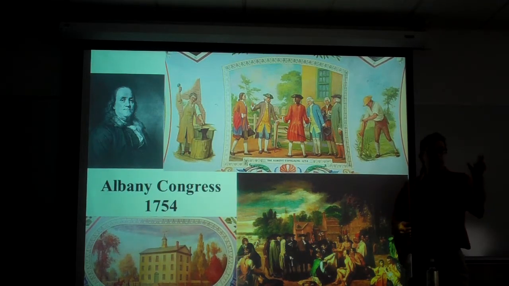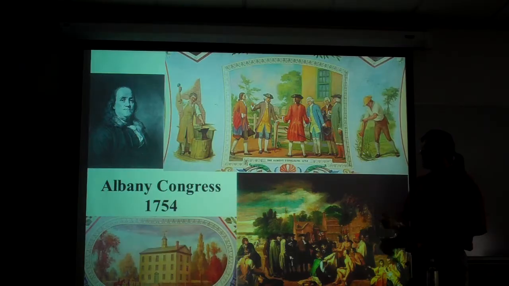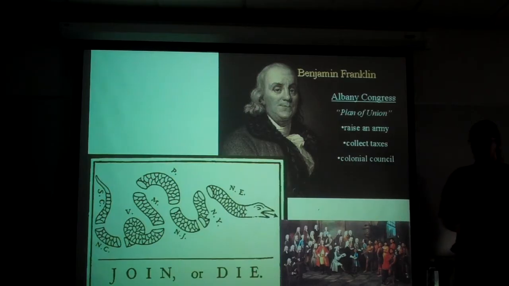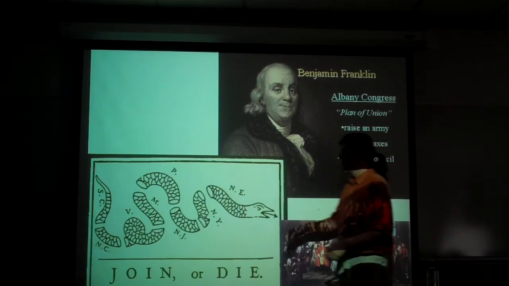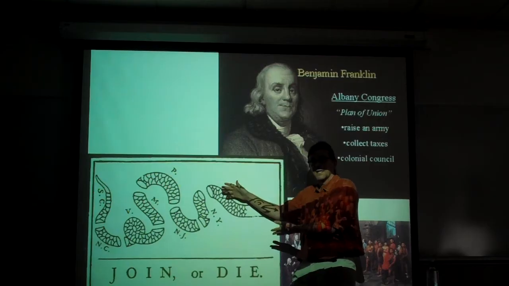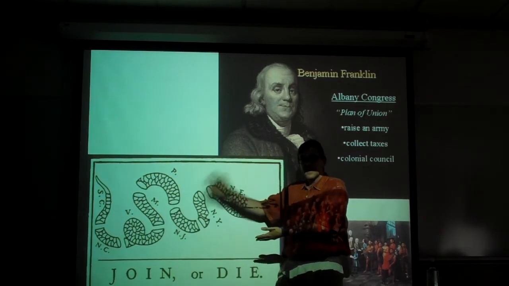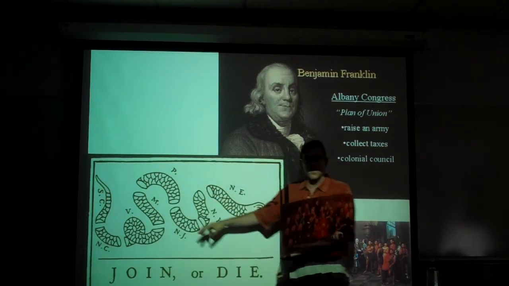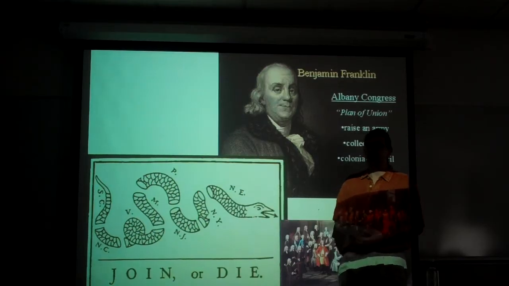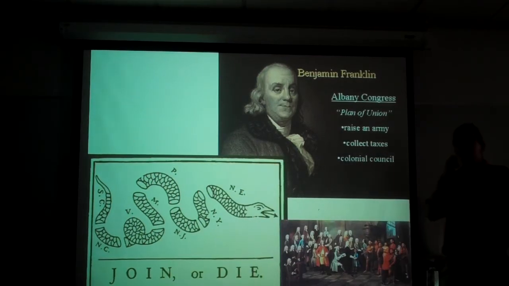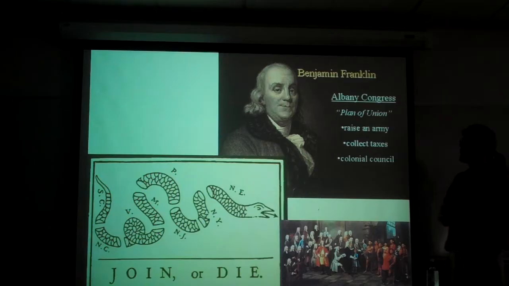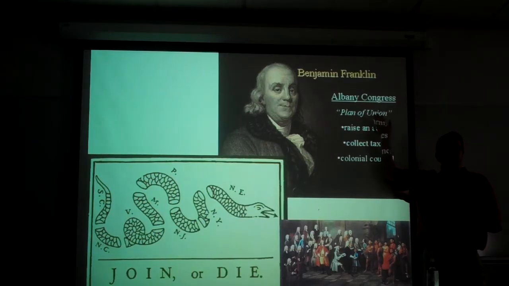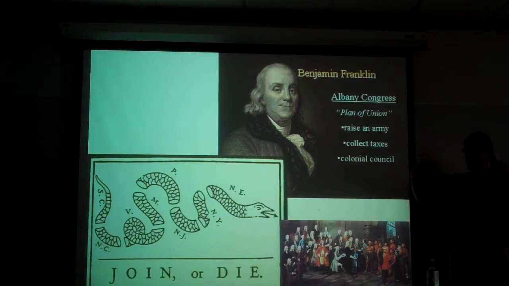The second goal, remember, was to try to unite the colonies together. Franklin's argument, again, was that if the colonies were divided, they could be killed. So they needed to join together, or they would die separately. So Franklin proposed what he called a plan of union. A plan of union to try to unite the colonies together.